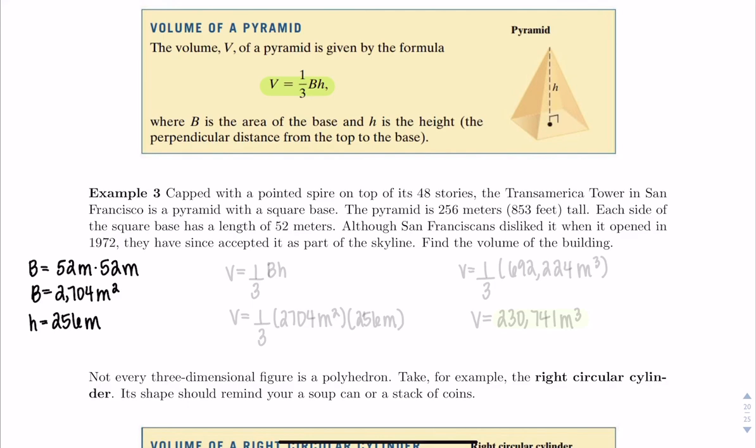So now that we have all the parts that are needed, we're going to plug it into the volume formula. 1/3 capital BH. So we have 1/3 times 2,704 square meters times 256.